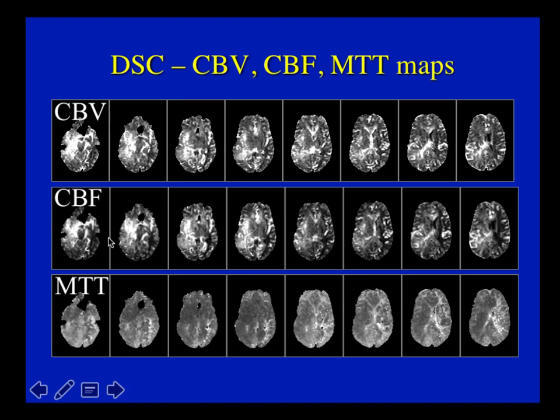And so therefore you can see that by doing this experiment we can get a good estimate of the hemodynamics of the pathology that you want to study. And so therefore these types of maps can be very helpful in a clinical setting.